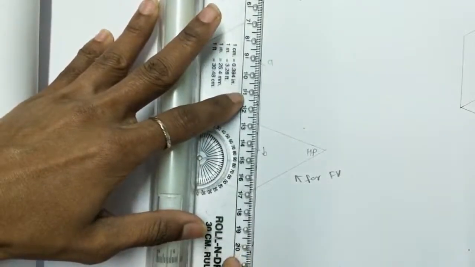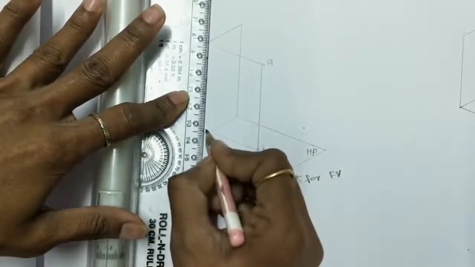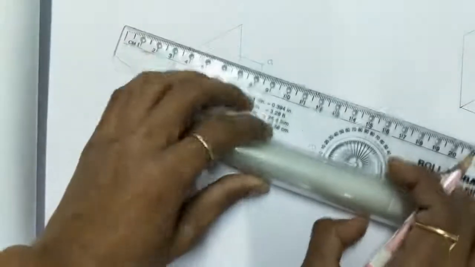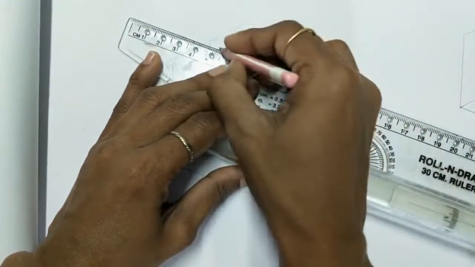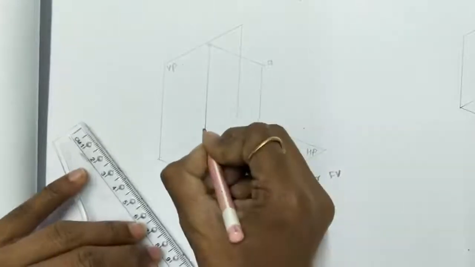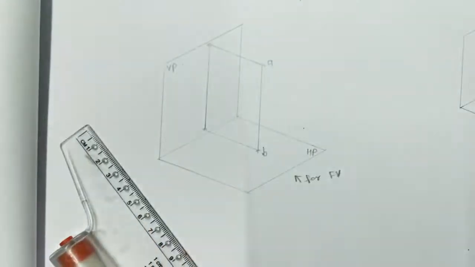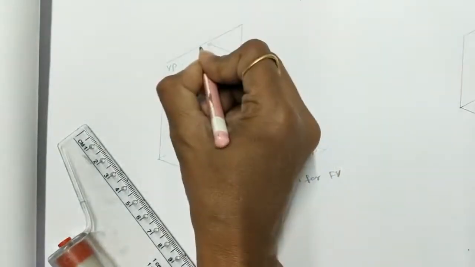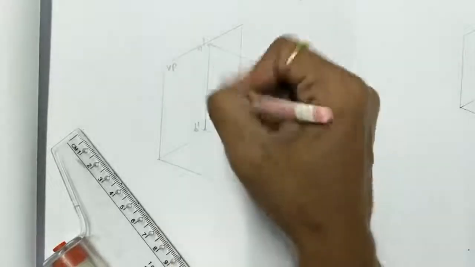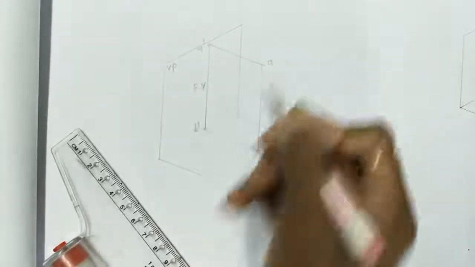So it will look like this. I will extend the line. So this is the front view of line AB having points A dash and B dash, and this is front view, FV.